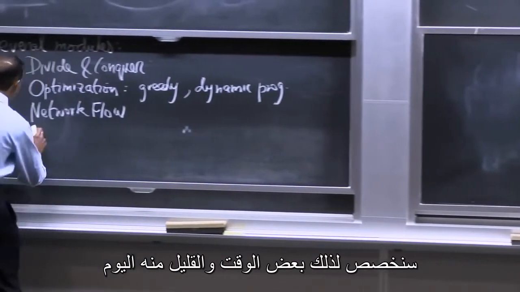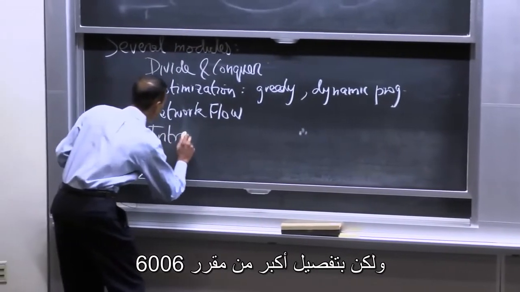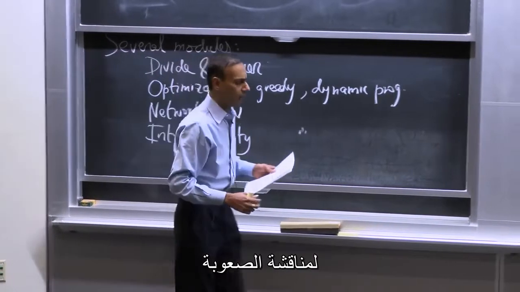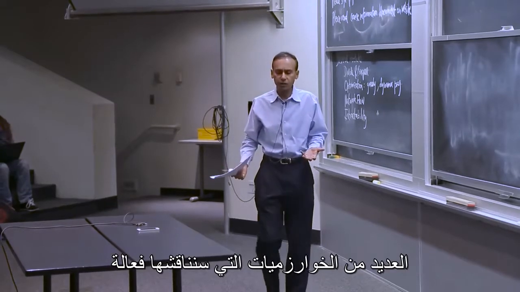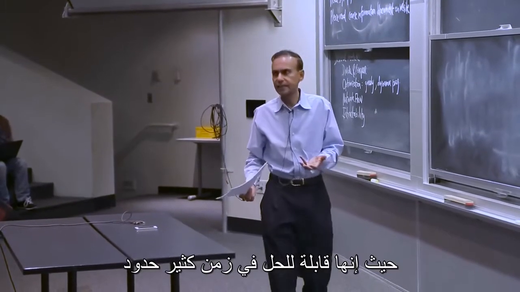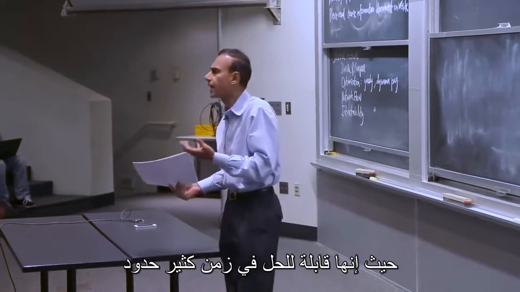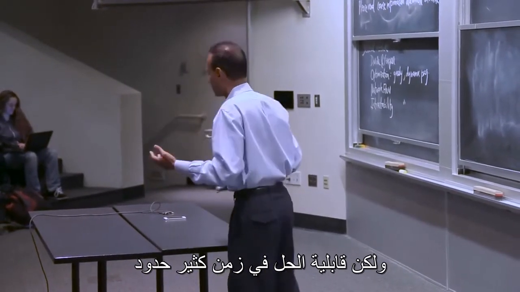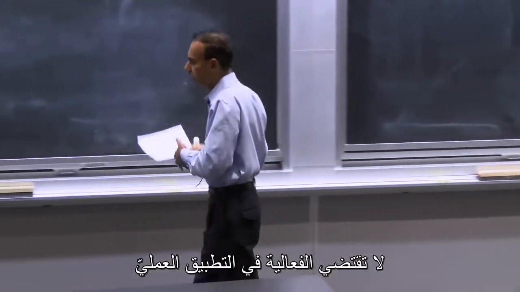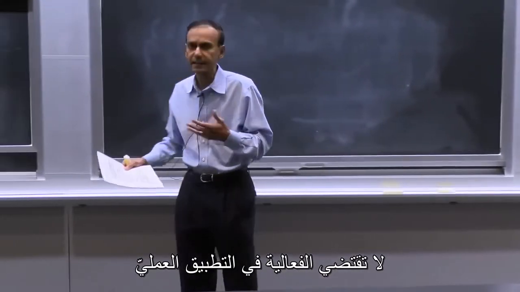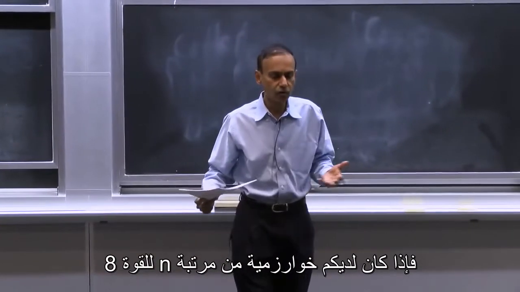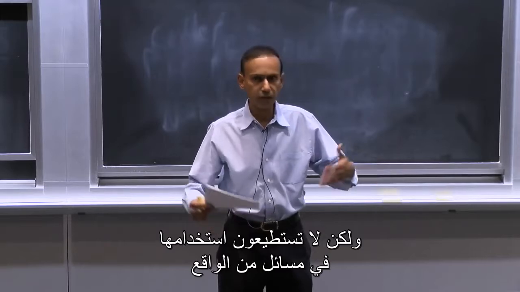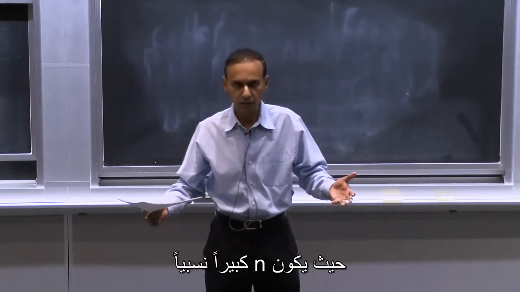We're going to spend some time, a little bit today, but a little more than in 6006, talking about intractability. A lot of the algorithms that we're going to talk about are efficient in the sense that they're polynomial time solvable. And of course, polynomial time solvable doesn't imply efficiency in the practical sense. If you have an n raised to 8 algorithm, it's polynomial time, but it's not something that you can use on real world problems where n is relatively large.